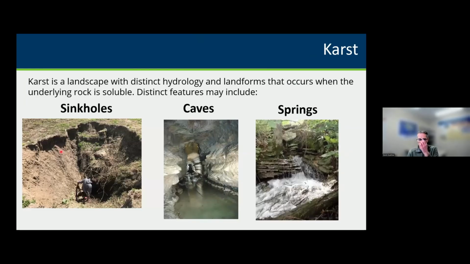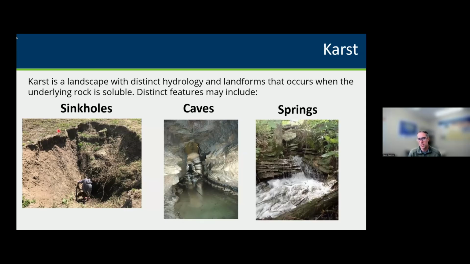This driftless area is considered to be karst, and really what karst is, it's a landscape with distinct hydrology and landforms that occurs when the underlying rock is soluble. In this case, it's primarily limestone made of calcium carbonate that dissolves slowly over time with slightly acidic rainwater and soil water over thousands to millions of years.